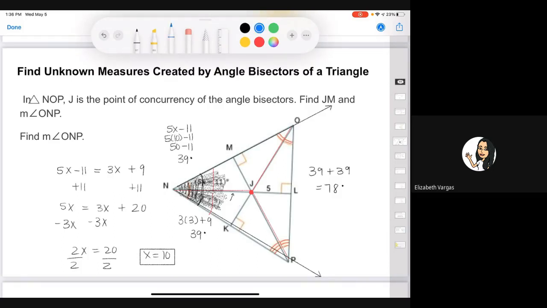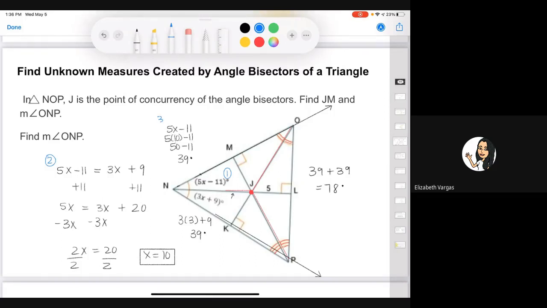Okay, so once again, in order to solve this problem, the first thing you want to do is identify that you have an angle bisector here. You know you have an angle bisector there because of that symbol that tells me those two halves are congruent. That angle bisector tells me both of those angles would be congruent to each other, so I can use that information to solve for x. I put those two equations equal to each other and solve for x. x is 10.